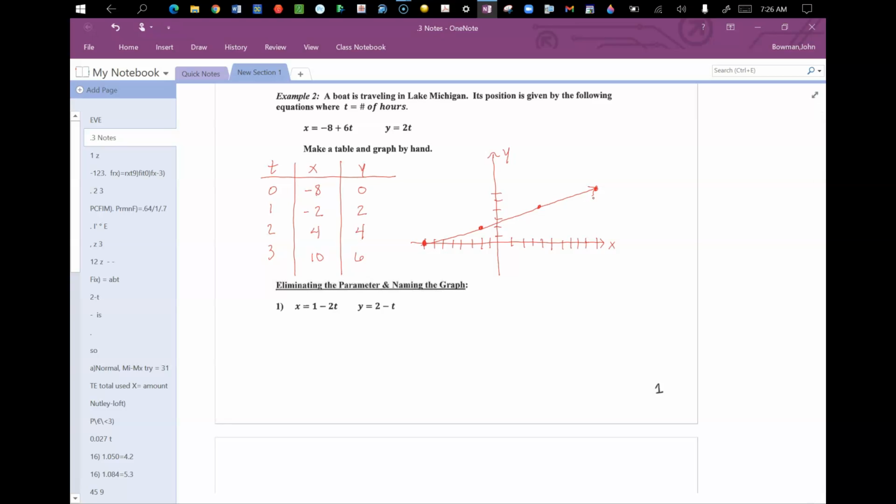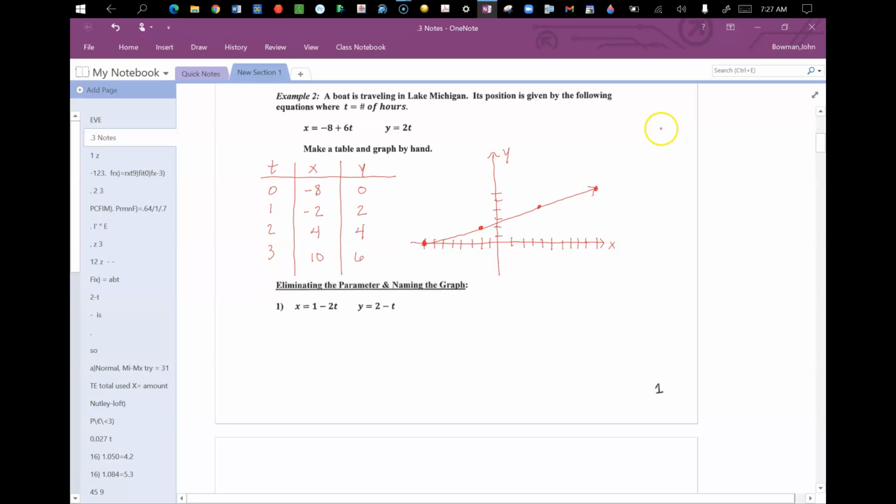Well, one of the things we often like to do is to eliminate the parameter and write the relationship between the two variables x and y without t in the equation. So what we do is we pick one of the equations and solve for t, usually the easier one.